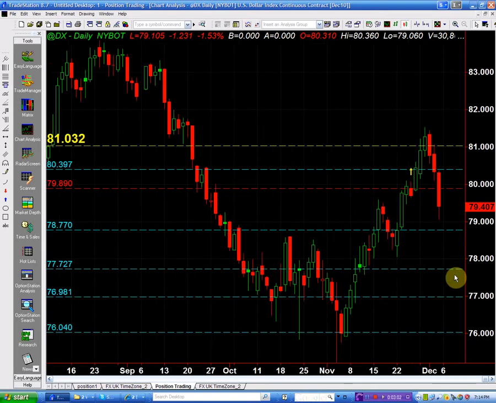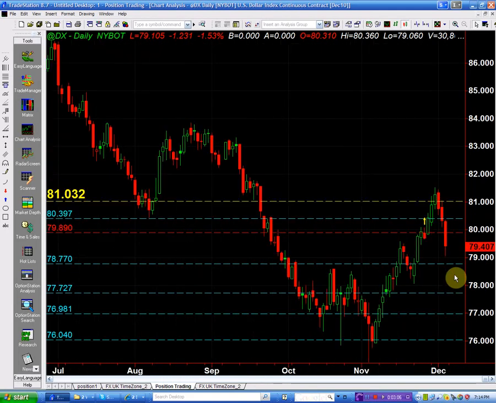Having said that, the basic trend for the dollar from November is to the upside. We started around 74, pushed all the way to 81 or close to 82, and have just corrected back to the 79.40.